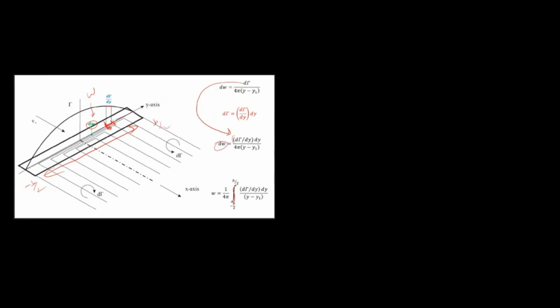Then for the complete distance from plus b by 2 to minus b by 2, I have to simply integrate this value so that I will get w. Is that clear? So now this is the induced velocity at this arbitrary point due to the complete vortex filament arrangement. This is the final formula. Any doubt in this step?